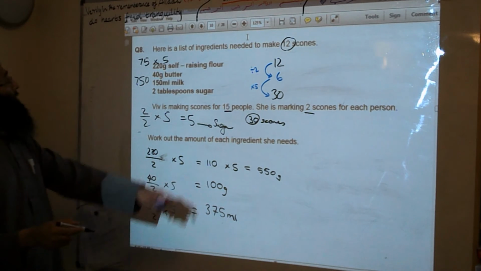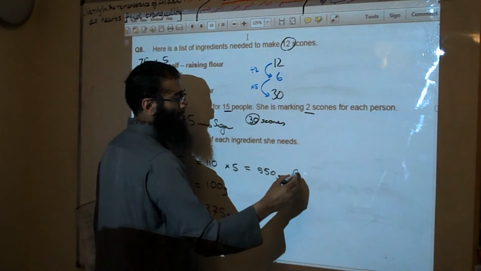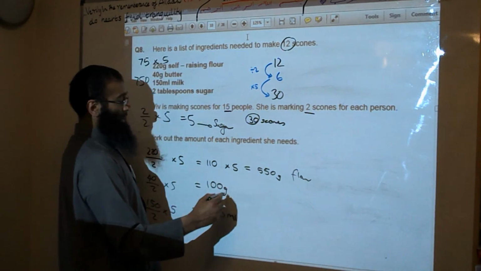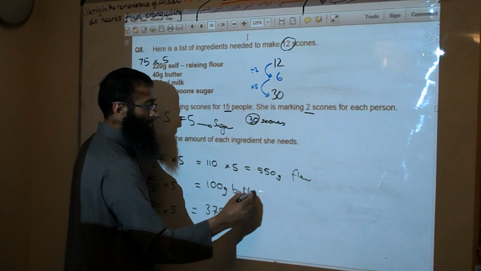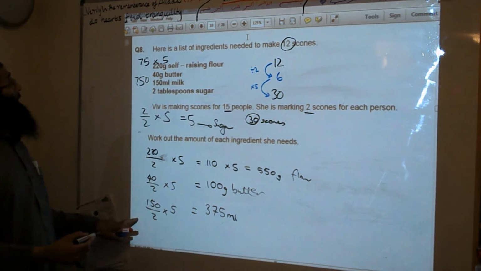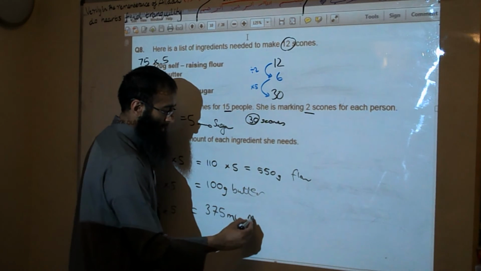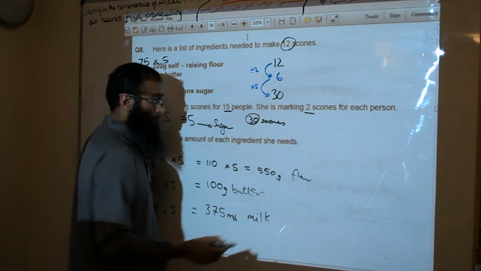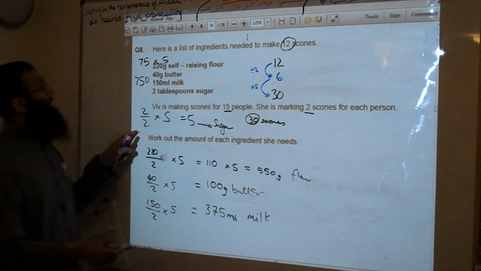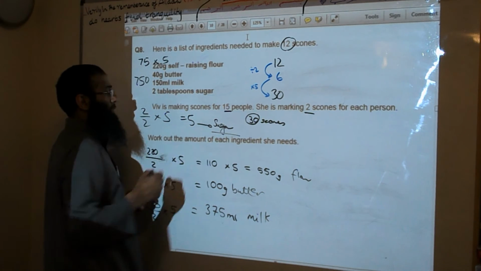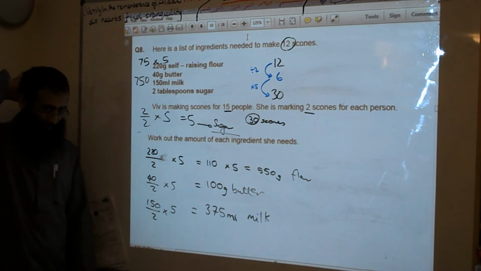Done. The first one is the flour. The second one is the butter. And the third one is the milk. And the fourth one is the sugar, which is 5 spoons of sugar. Done.